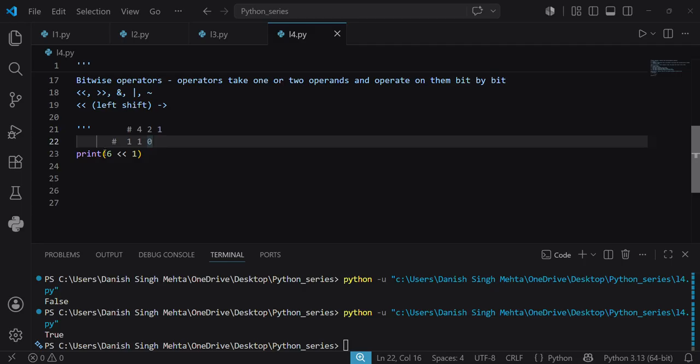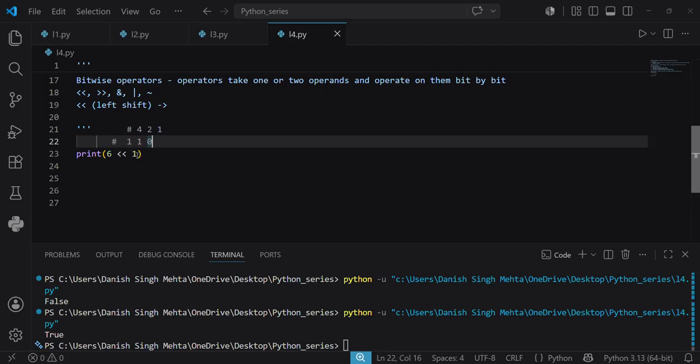We have to shift every bit value of 6. The bit values are 4, 2, 1, and we use 1, 1, 0. So we have to shift all the bit values of 6 towards the left by one place.